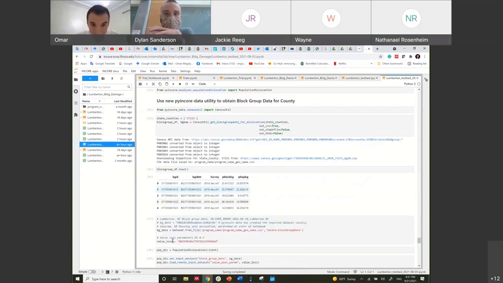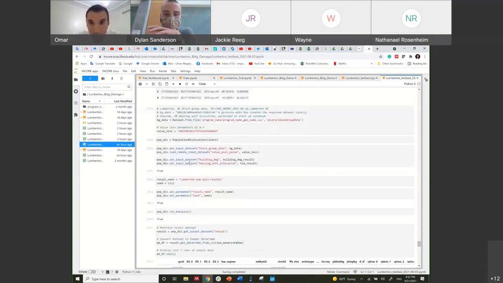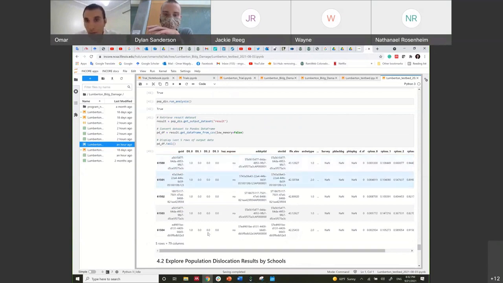Here we then run the population dislocation, and this table is not the final one; it shows just the damage states combined with the building information, including the floor elevation, building archetype, along with other information about the building inventory.